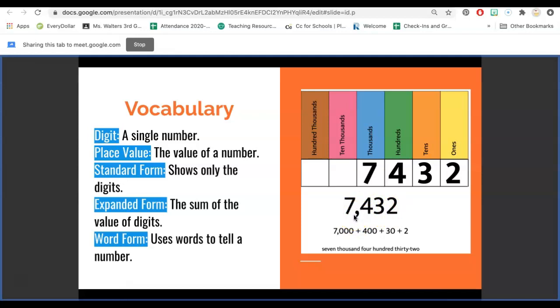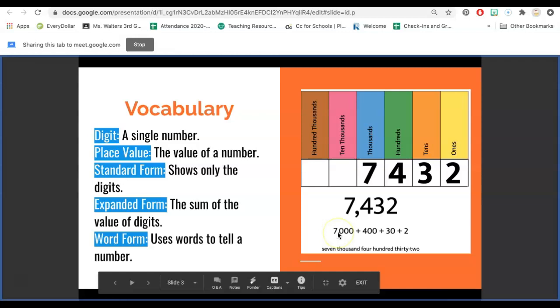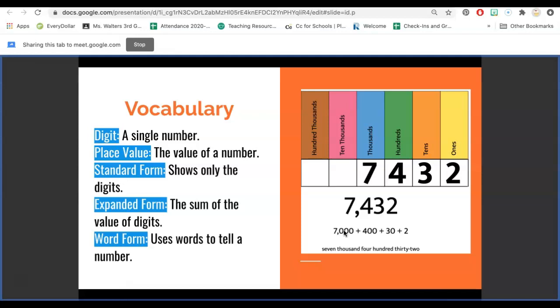And then expanded form, remember, expanded form is like stretching a number out to see all of its pieces. Expanded form is 7,000 plus 400 plus 30 plus 2. That's what expanded form looks like. And that is the sum of the value of digits.